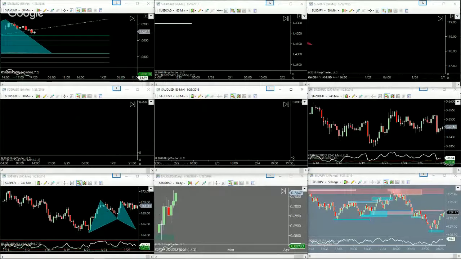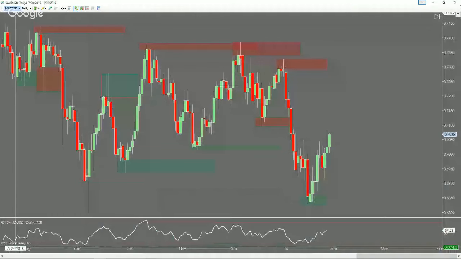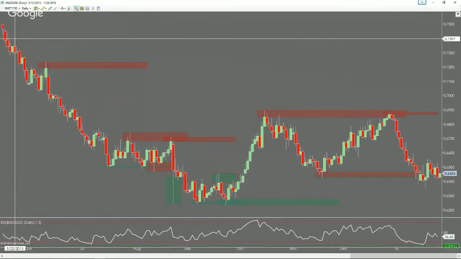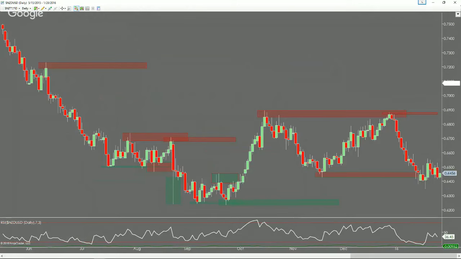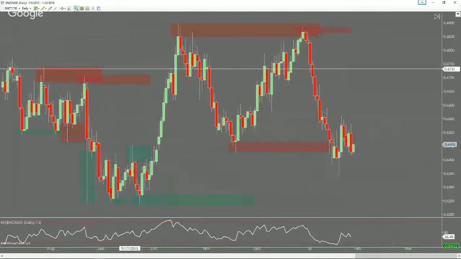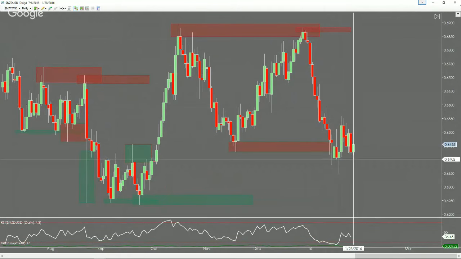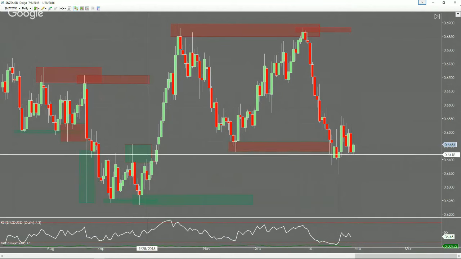So let's come back out and go to New Zealand. Okay, New Zealand looks like price is playing around this zone right here. It looks like it's coming back down to that zone of support and previous resistance.